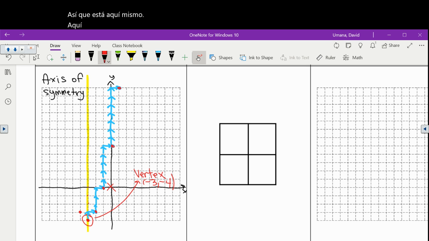Mirror image from the axis of symmetry. I put in here my mirror image. 1, 2, 3, 4. I know it's in the middle of my writing, but it doesn't matter. And even though I didn't have an equation, I had enough information to claim that I could create my curve.